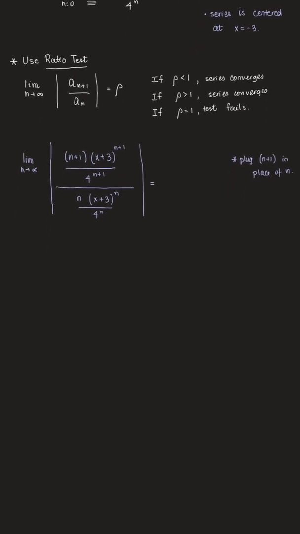So let's start simplifying. I'm going to rewrite this. Since we're dividing by a fraction, I'm going to write this as a product of the numerator times the reciprocal of the denominator. So we're going to have n plus 1 times x plus 3 to the n plus 1 divided by 4 to the n plus 1.